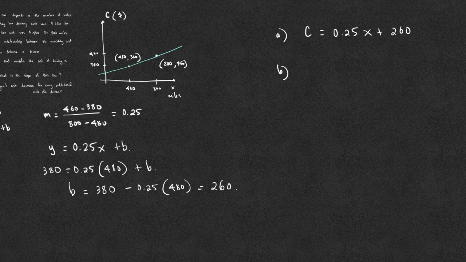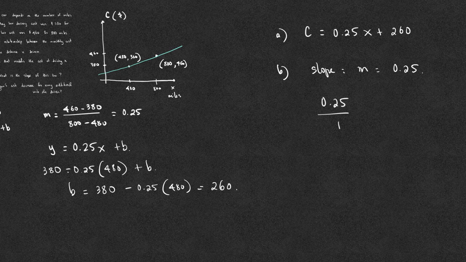And the slope of this line is m that we found, 0.25. What does it mean? Remember that the slope is the rate of change, so this is 0.25 over 1, which is 1 over 4.